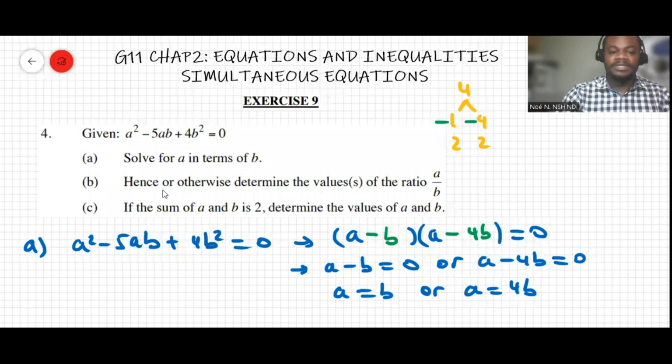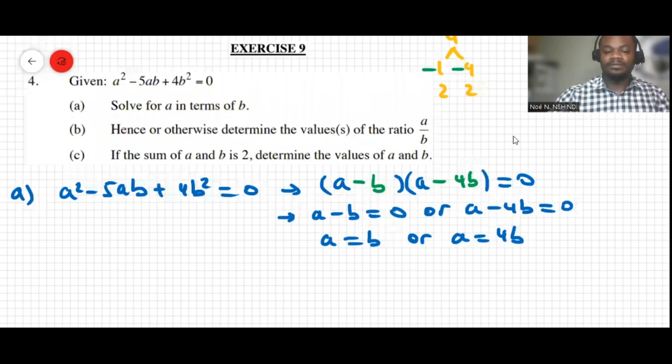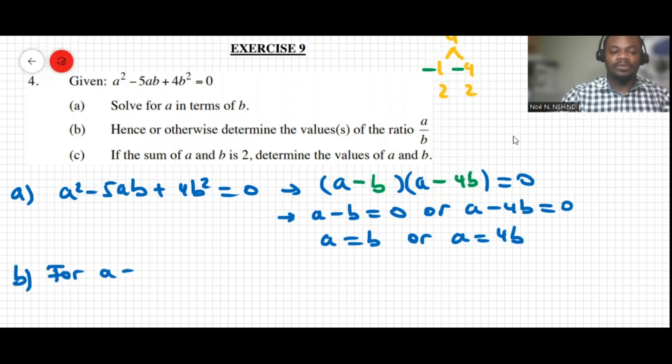Now question b says solve or otherwise determine the values of the ratio a to b. Over here, for the ratio, if a is equal to b, for instance, the ratio is 1 to 1.